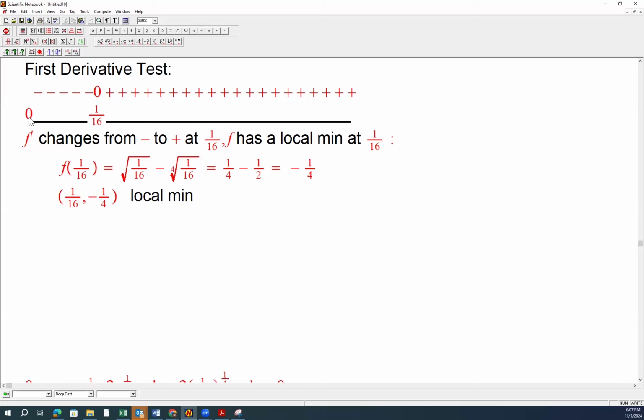Now, how about the other critical number? For the other critical number, from 0 we've been decreasing, so f must have a local max at 0.